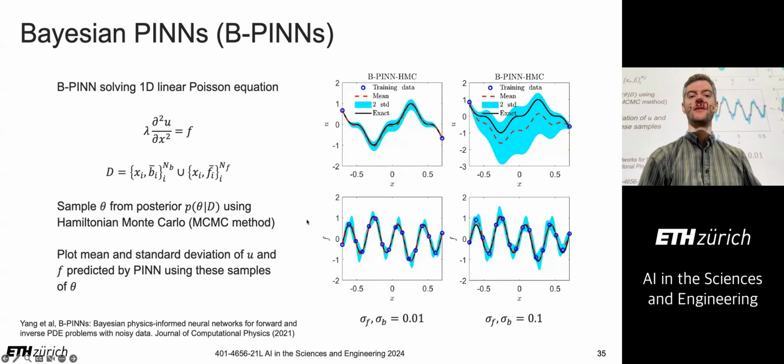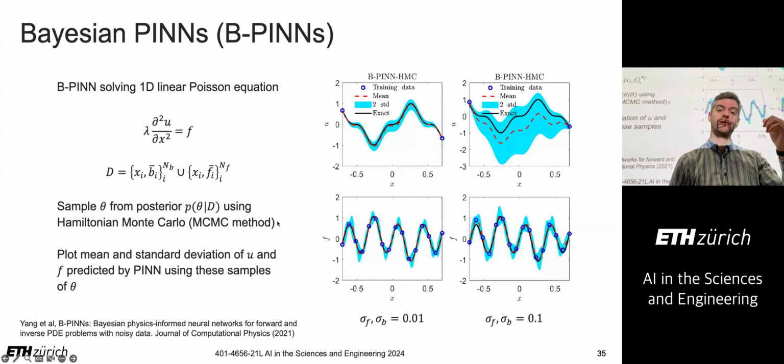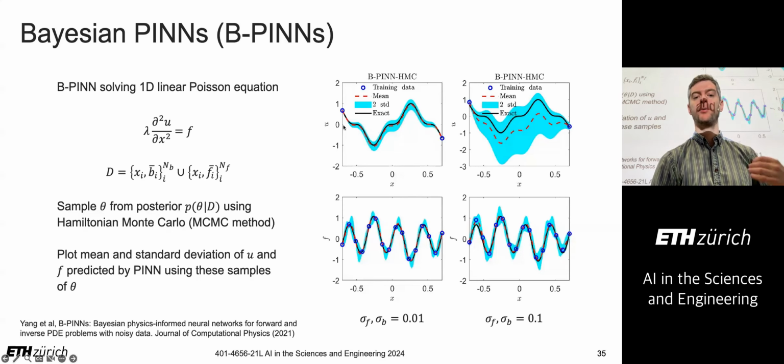So when you fit this Bayesian PINN, the advantage of doing it now is that you get this whole posterior distribution, and you can sample many possible solutions from that posterior distribution. And so what you're seeing here is the best guess or the mean guess of what the solution is from that posterior distribution, and also what the mean guess of the forcing function is.